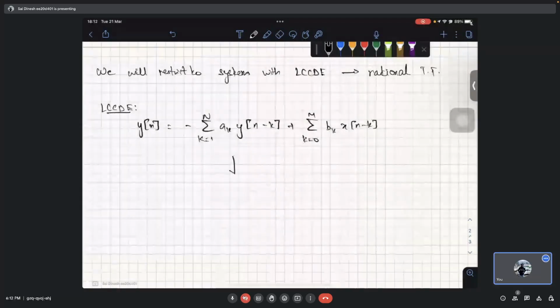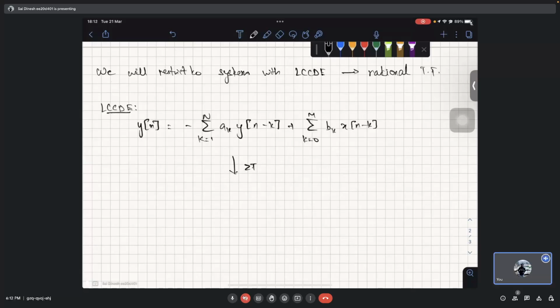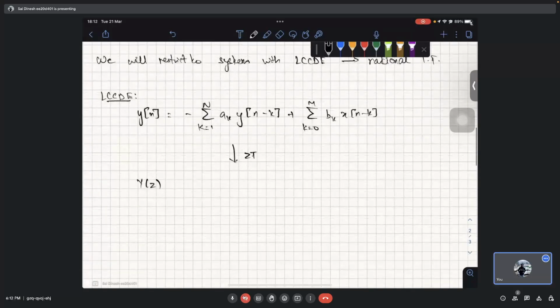So if we do the z transform, this will result in Y of z times z power minus k.